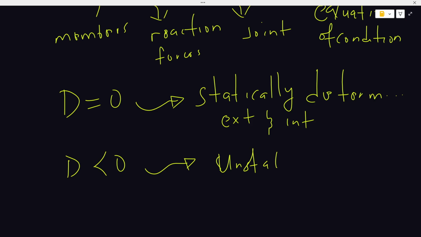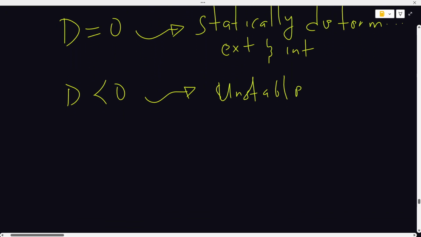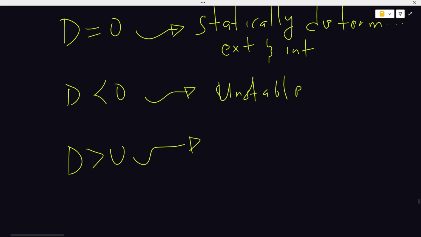That is, the unknowns are less than the number of equations required to solve for them. When D is greater than 0, you have a frame that is statically indeterminate externally and internally. So that's just the key thing.